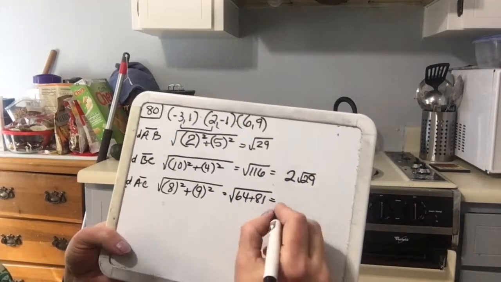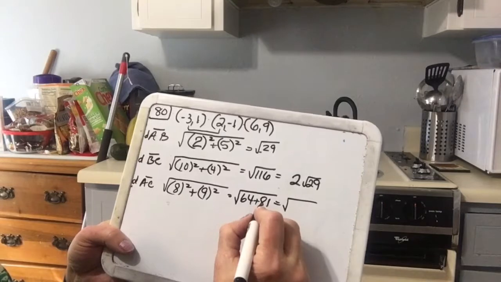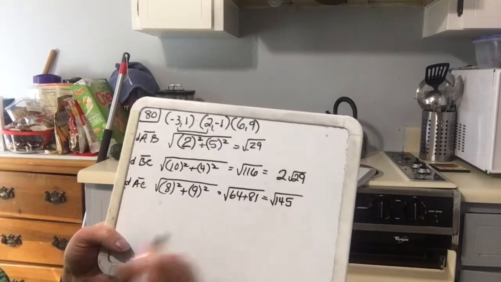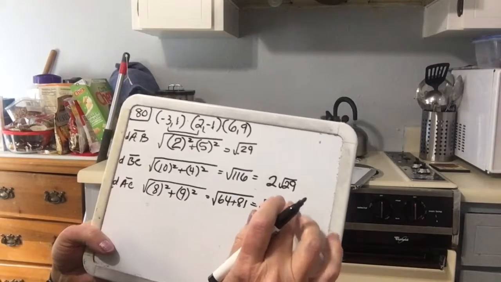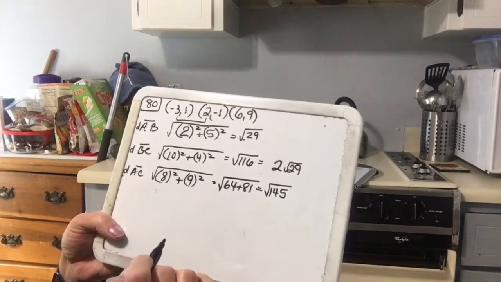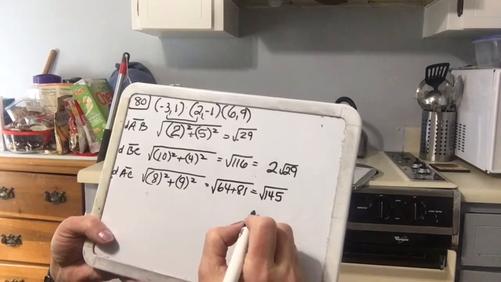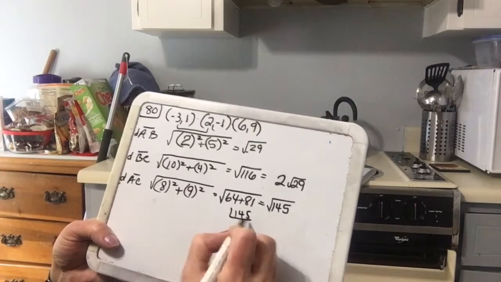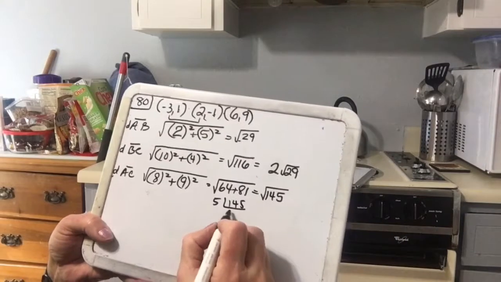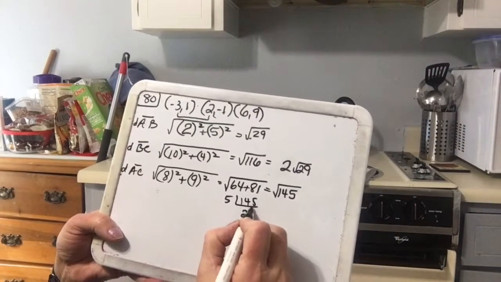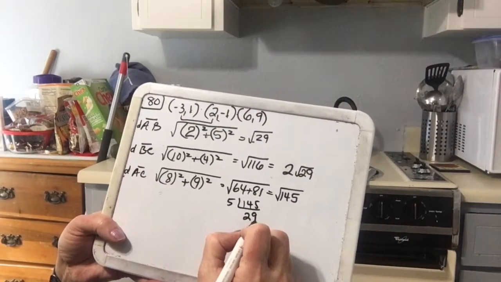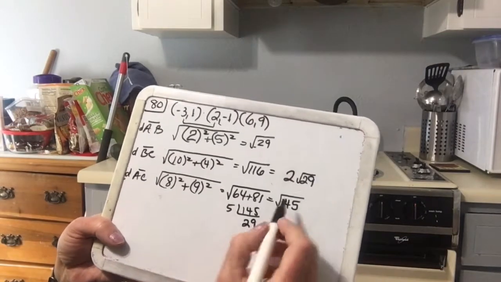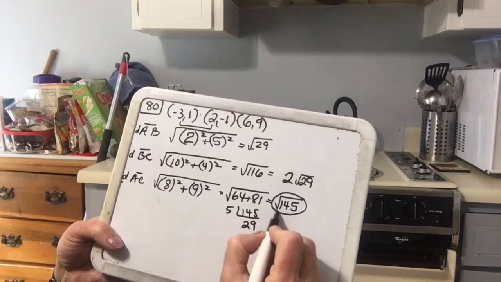And when I add those together, I get the square root of 145. Okay, and then let's see, I'm trying to think of what I can pull out of that. I know I can pull out a 5. Let's factor that, 145. So I'm going to pull out a 5, and that's going to give me a 29. Okay, so that's going to be the square root of 5, square root of 29. So that does not simplify.